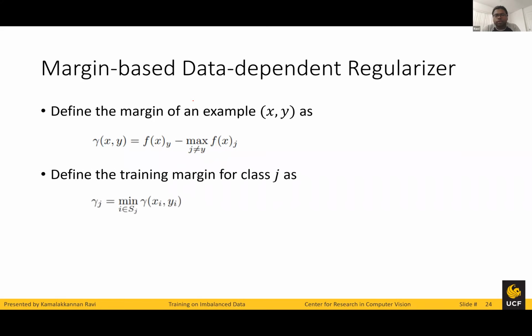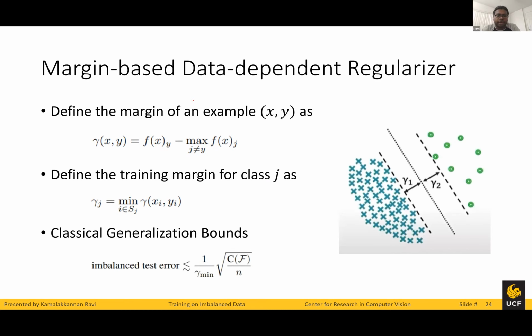Now that we know margin, we can define the margin for a training class j. We look at the margins of all the samples in a particular class and find the minimum of it. That's the margin for that class with respect to other classes for classification. Now we can define the classical generalization bound.